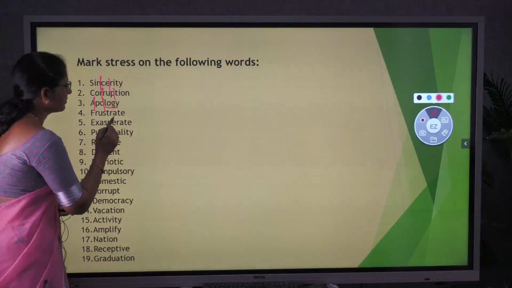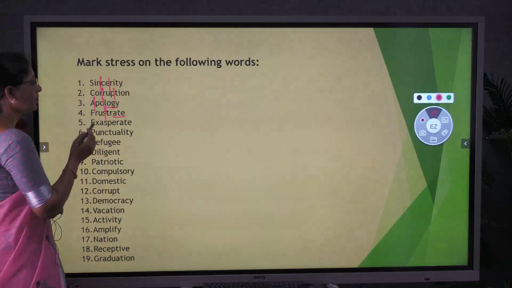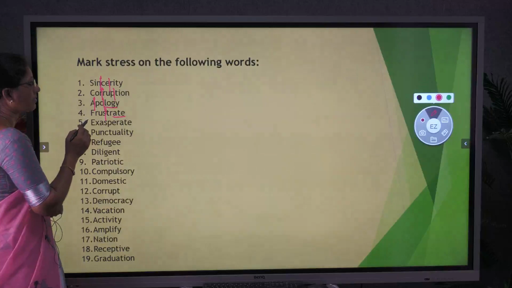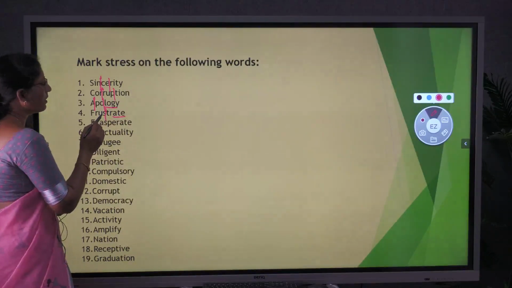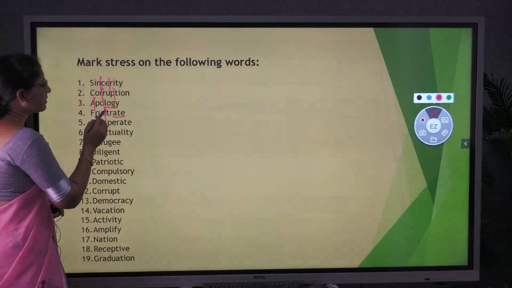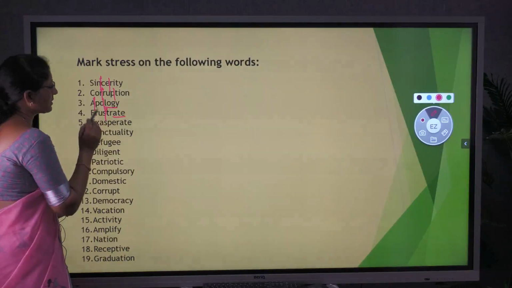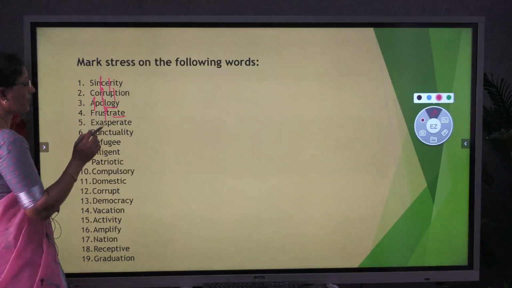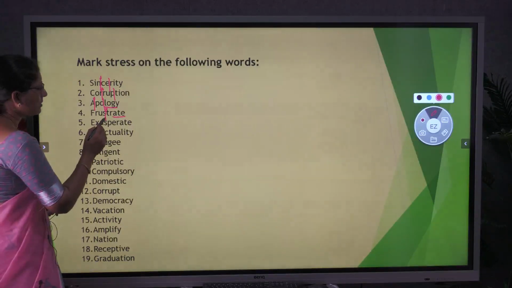Next, ATE. Frustrate. Here it is a disyllabic word. Frustrate. But in a disyllabic word, the stress is on the suffix itself, frustrate. Next one, exasperate. It's a trisyllabic word ending with ATE.